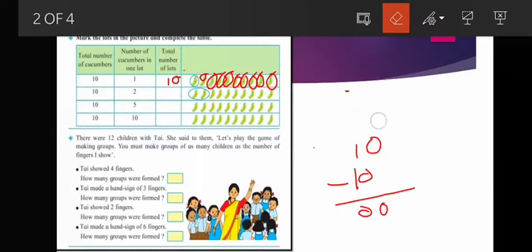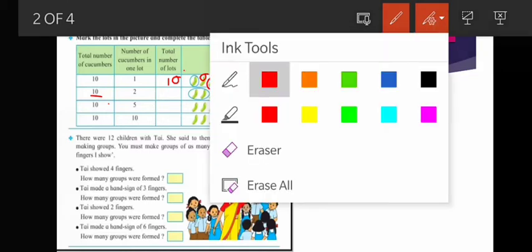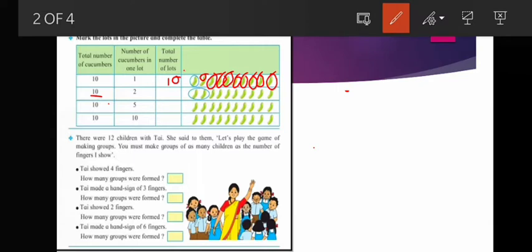Now let us see the second question. Total number of cucumbers 10. Okay, second one. Number of cucumbers in one lot. So there are 2 cucumbers in one set. So let us see how many. This is 2 set. This is 3 set, this is 4 set, this is 5 set. 1 was already done for you.